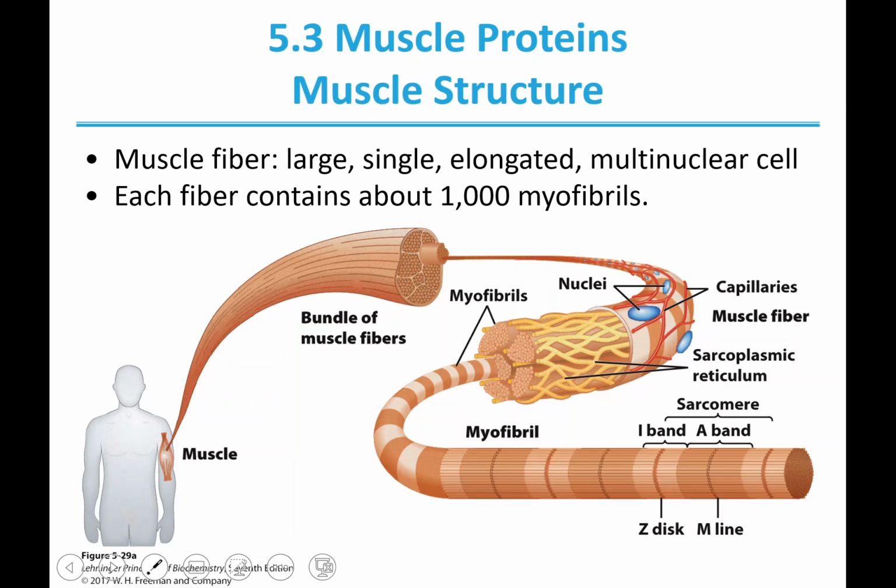Each muscle fiber contains about 1,000 what are known as myofibrils. If we look at this description here, myofibrils are these little tubes, and if you look closer, you can see that they're more fibrous.